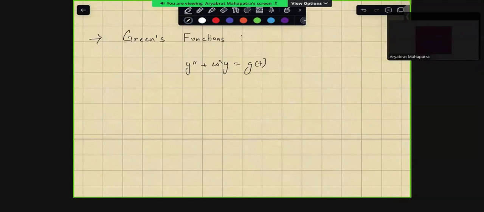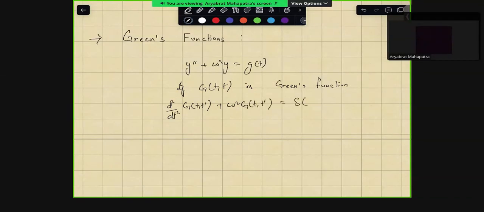Say if g was your Green function, then d square by dt square of g of t, t prime plus omega square g of t, t prime equals delta of t minus t prime.